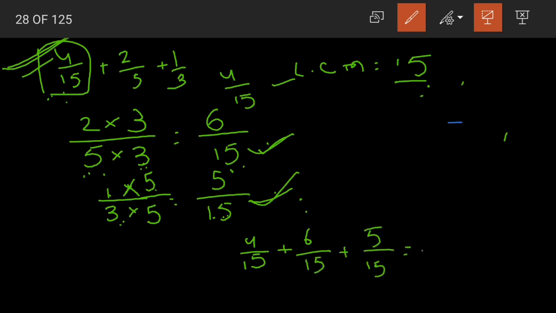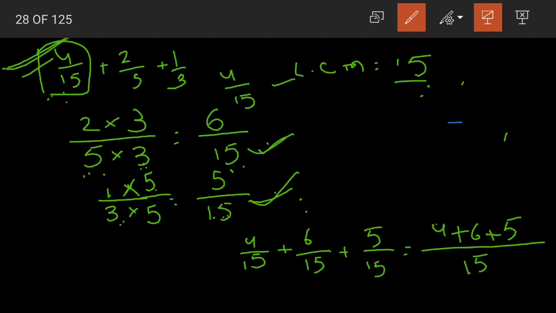What is our main purpose of converting them into like fractions? We need to add them. Yes. So if we add, all the numerators should be added together. 4 plus 6 plus 5 divided by, should we add the denominators as well? No, we should not add the denominators. We should simply write the common denominator 15.